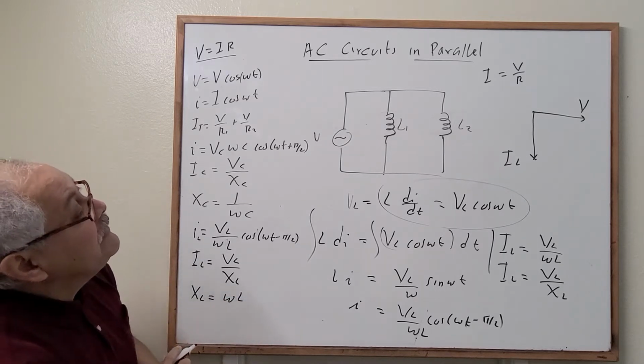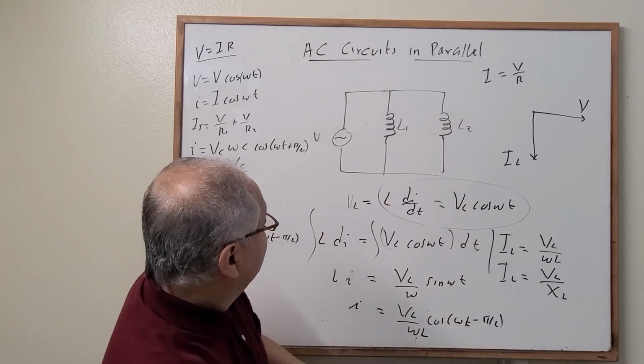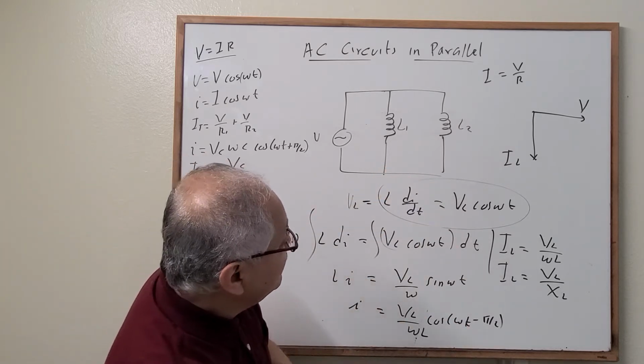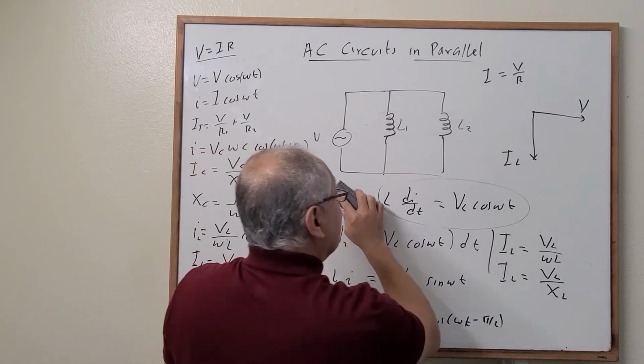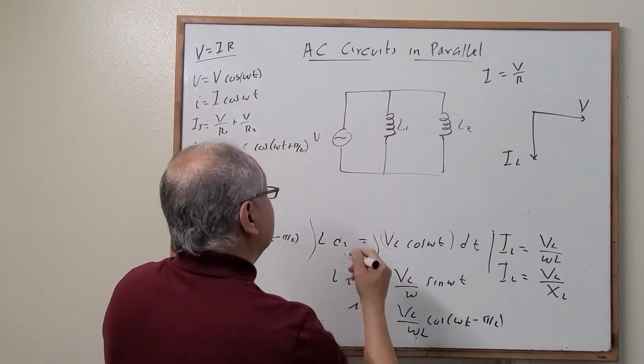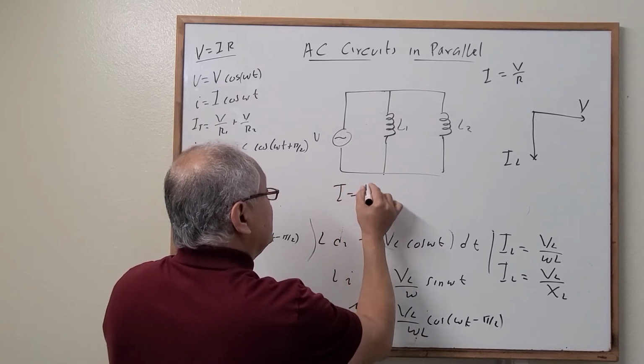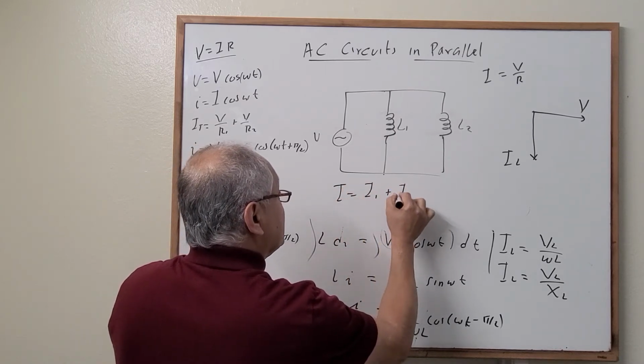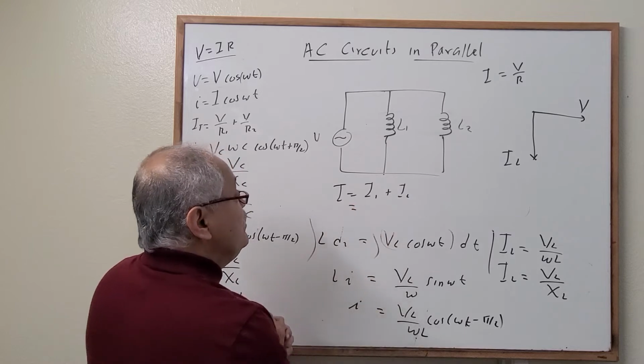Now let's find that third current, because it's in parallel. Remember, the third current is equal to current 1 plus current 2. And what should the current be?